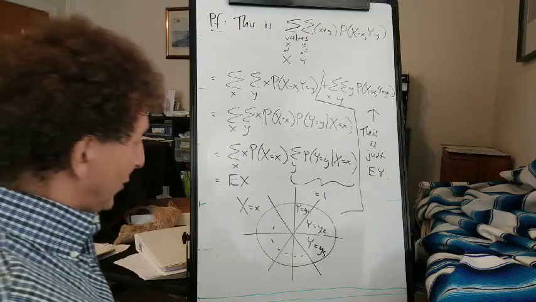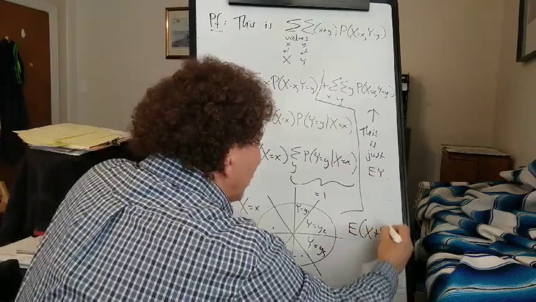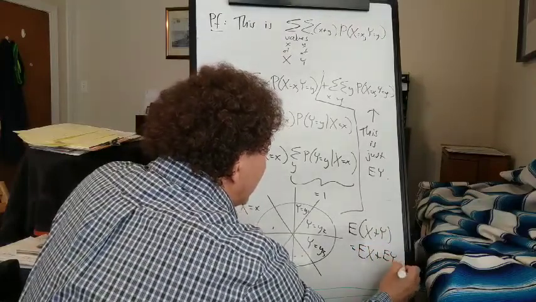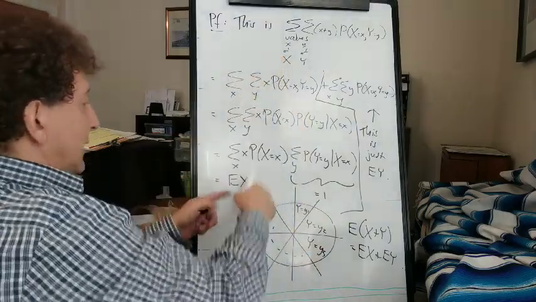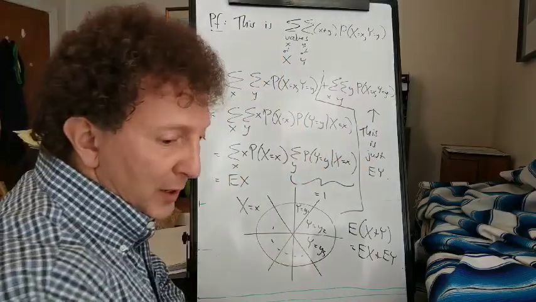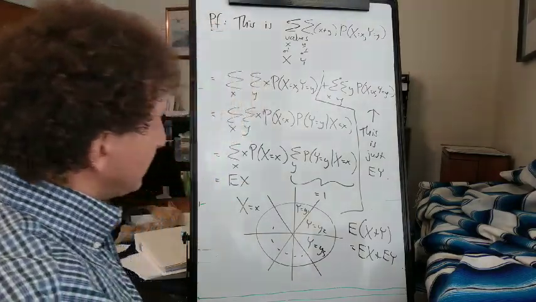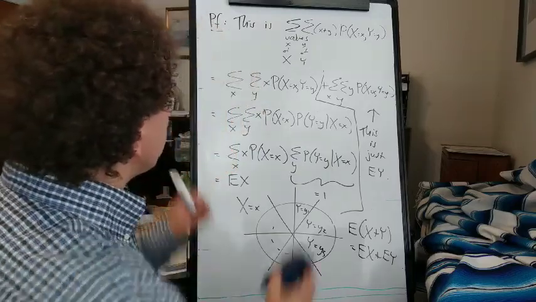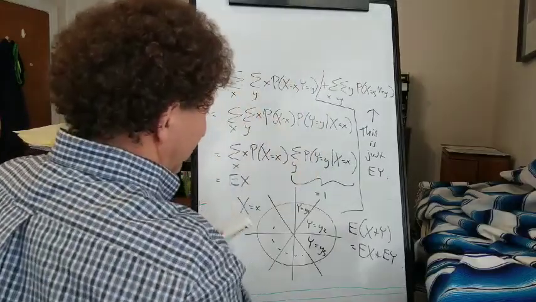So our claim, which I've erased, was that the expected value of x plus y equals the expected value of x plus the expected value of y. Well, we can see here, because we got the expected value of x plus the expected value of y. So let me rewrite that.